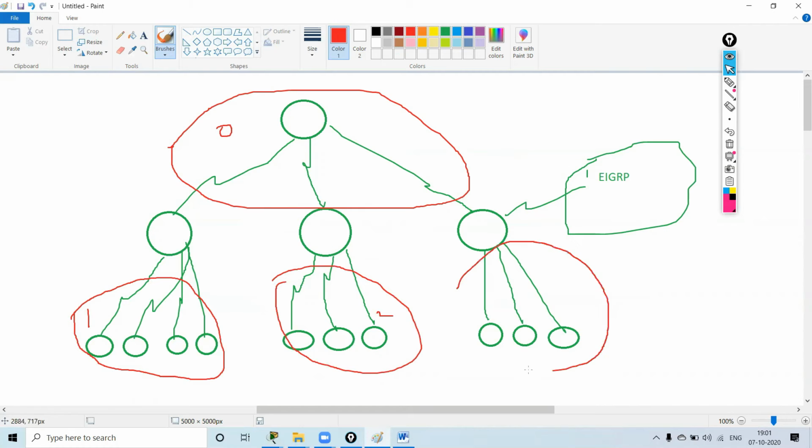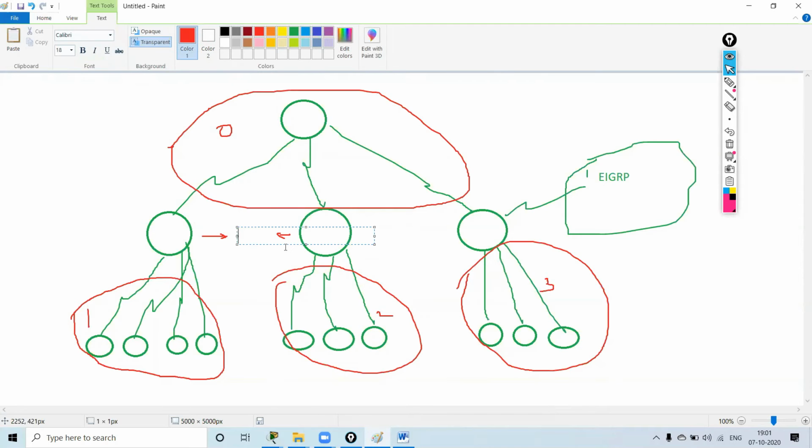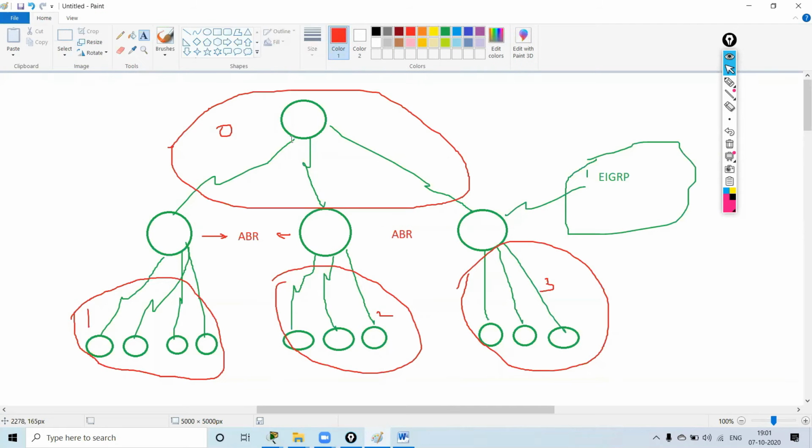These all are running in area 3. And these are my ABR routers, area border routers.